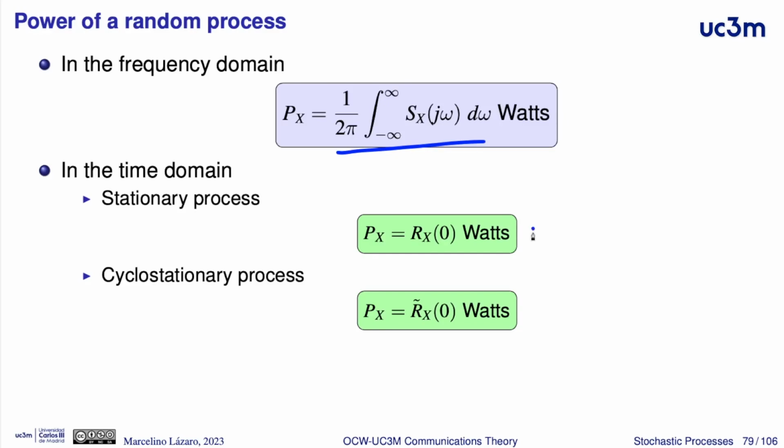This means that the power for a stationary random process is equal to the evaluation of the autocorrelation at zero, and that the power for a cyclostationary random process is equivalent to the value of the time average in one period of the autocorrelation function at separation tau equal to zero.